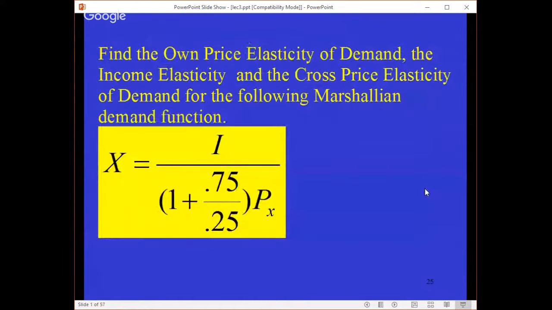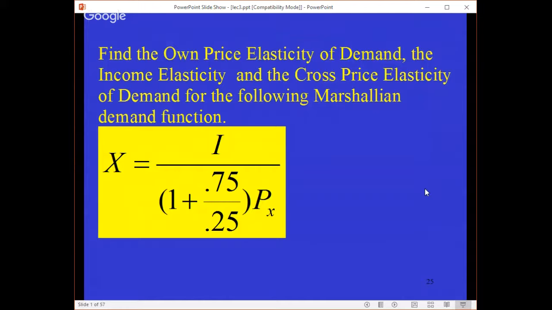So I can write 1 over, I'm going to call it 4. I can write it this way. So this is a constant. Now I just have that.